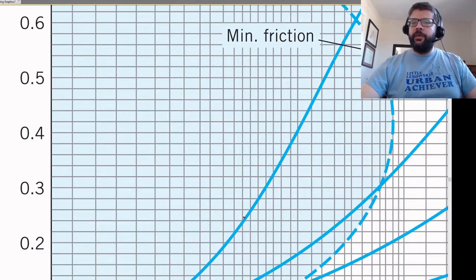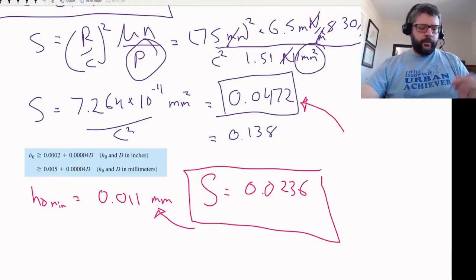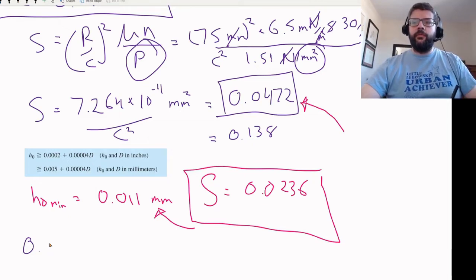So that'll be 0.083, I guess. That minimum film thickness variable, 0.083, is equal to our minimum film thickness variable.